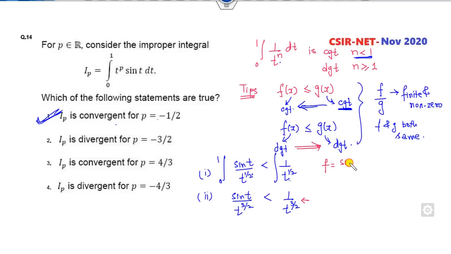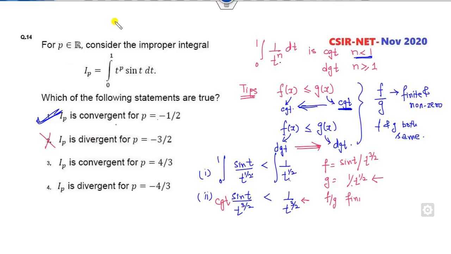If I consider this as f, what is g? We know sine t upon t is 1, so the remaining is here. So f over g as t approaches infinity is finite, but g according to this is convergent, so f is also convergent. So this is convergent, but he said divergent. Wrong answer.